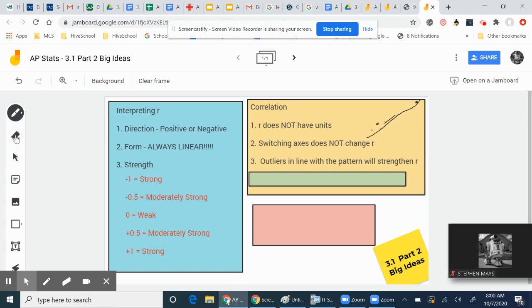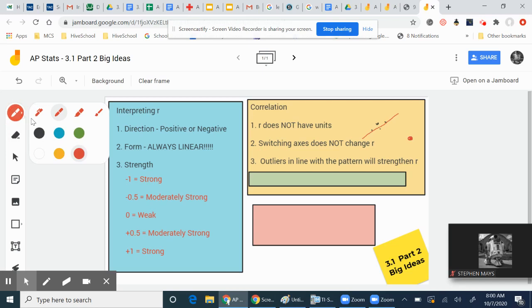But let's do a little erasing here. If this outlier was not in line, I'll change the color of it even. Let's say here is our line. It looks like things are going like that. And all of a sudden, we've got this one dot way over here.